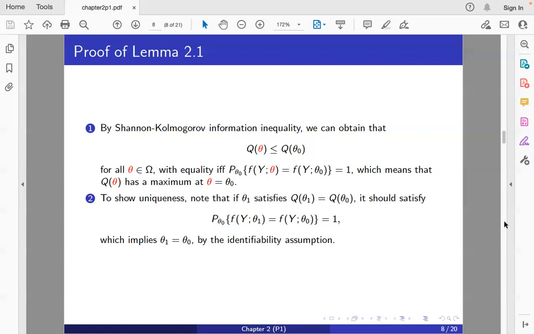The answer is this may look weird, but it's just the population mean, an expectation. The sample version of this is 1 over n, summation i equal to 1 to n, log f of y_i and zeta. That is actually the log likelihood, our old friend.